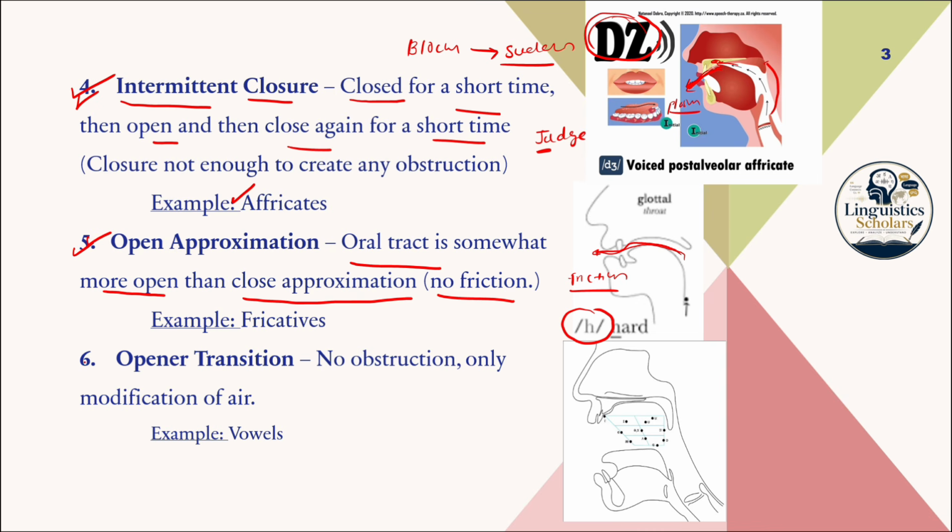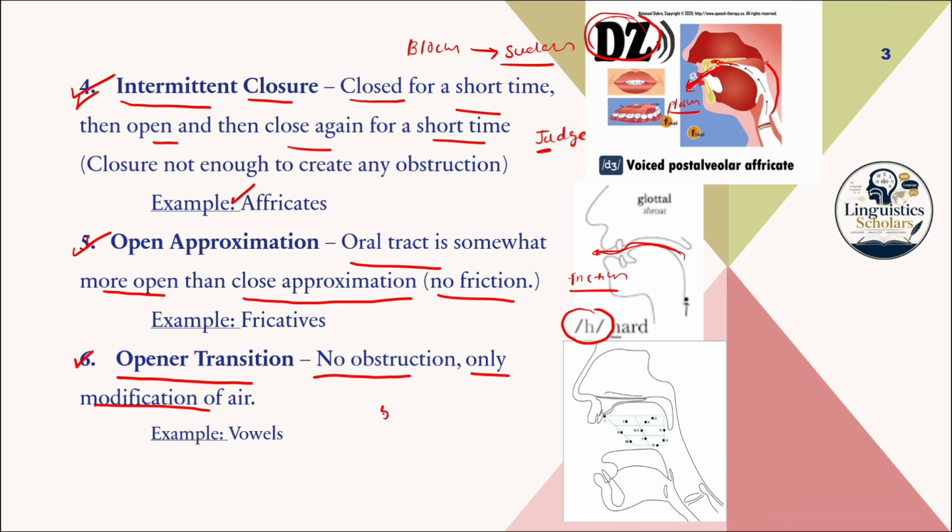And the last and final one, important for the production of vowels, is called open transition. It means there is no obstruction, only modification of the air takes place, and this is a major difference between vowels and consonants.